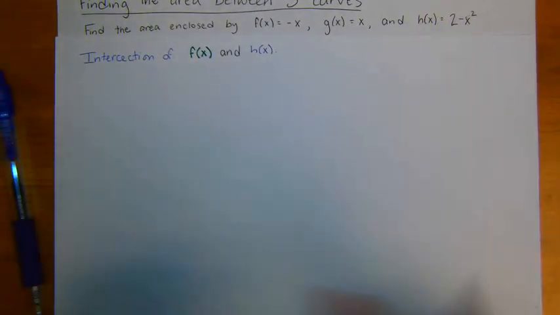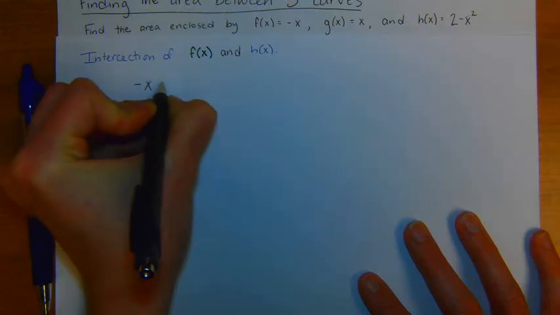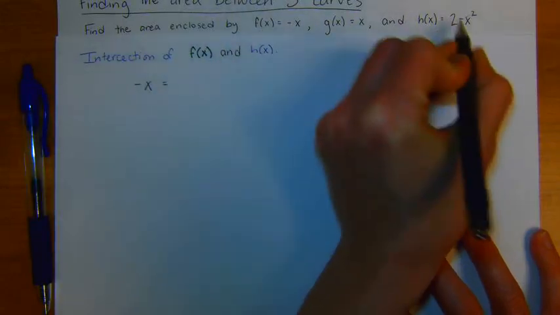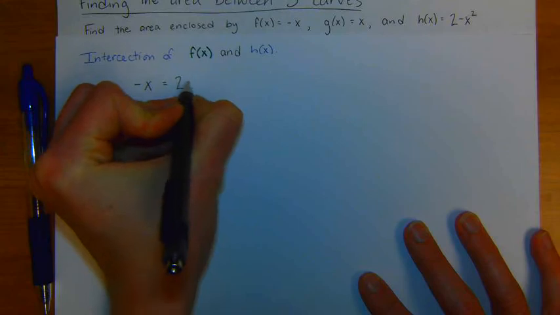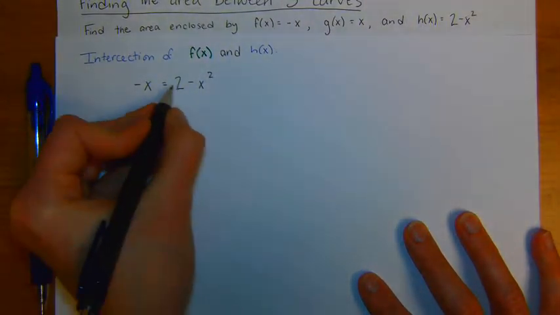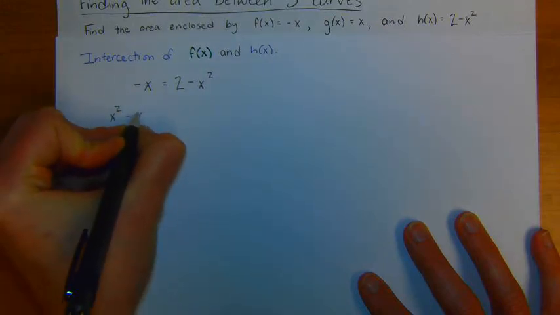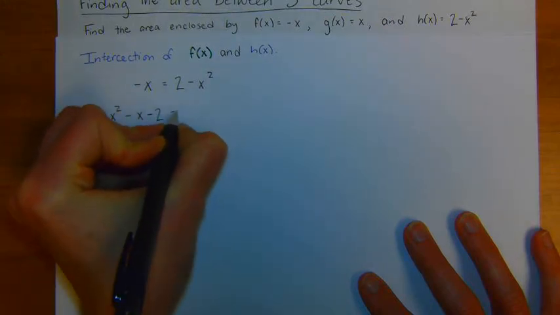So we're going to set these 2 functions equal to one another. I see that negative x is going to be set equal to the h of x curve, which is 2 minus x squared. I'm going to add x squared to this side and subtract 2, and I get x squared minus x minus 2 is equal to 0.